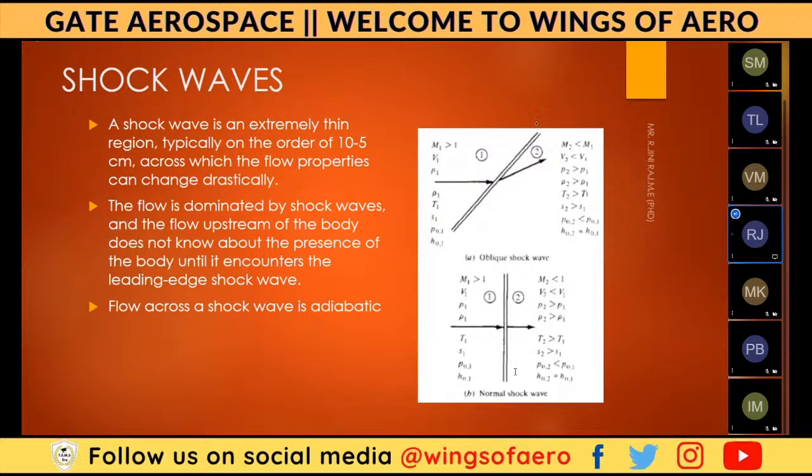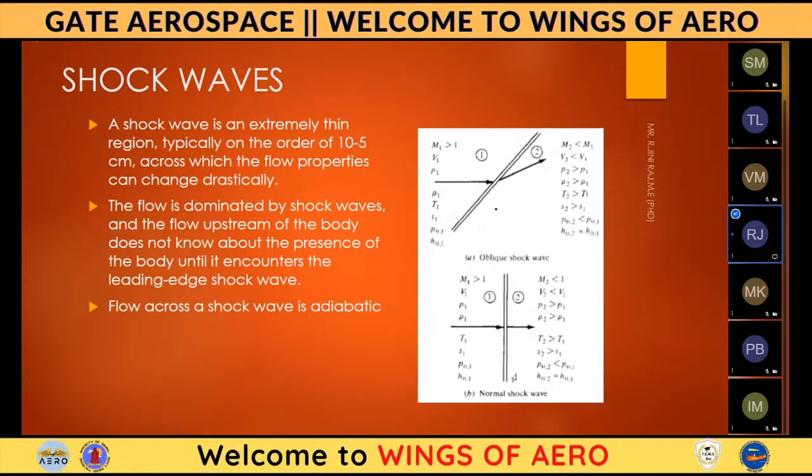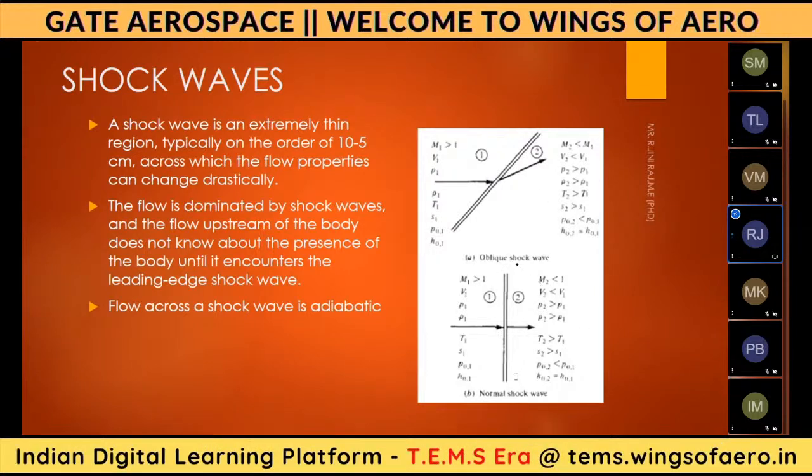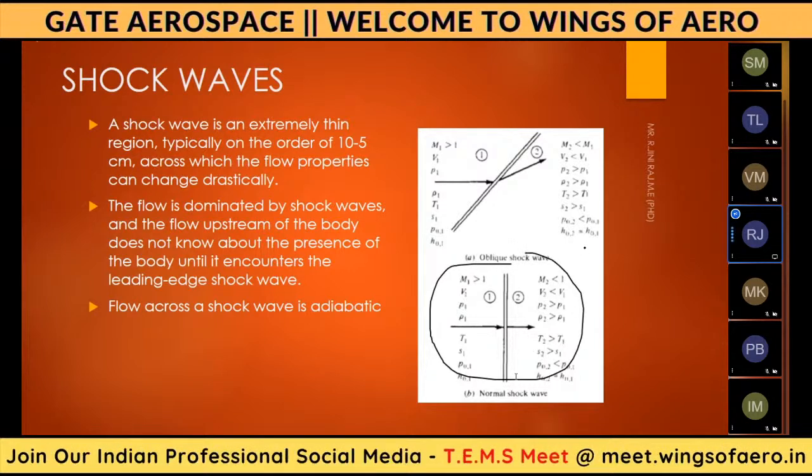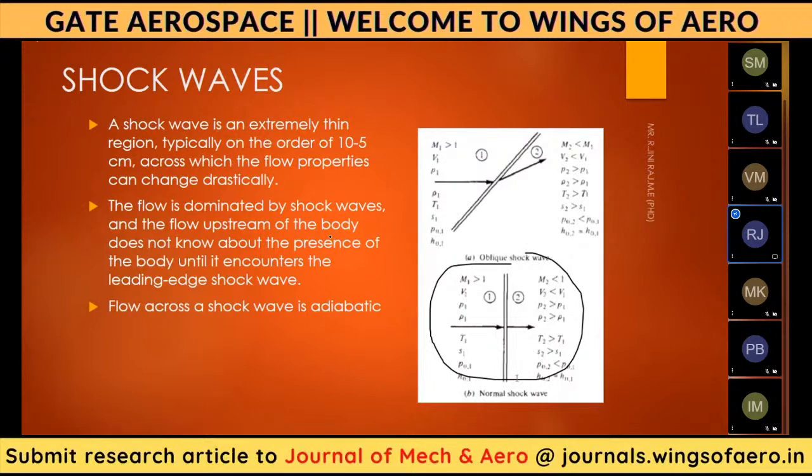Suppose here you can see two diagrams. One is the oblique shock, that is inclined at some angle, and another one is a normal shock. And we know other shocks are also there, like bow shocks. So if a shock is formed, what will happen?